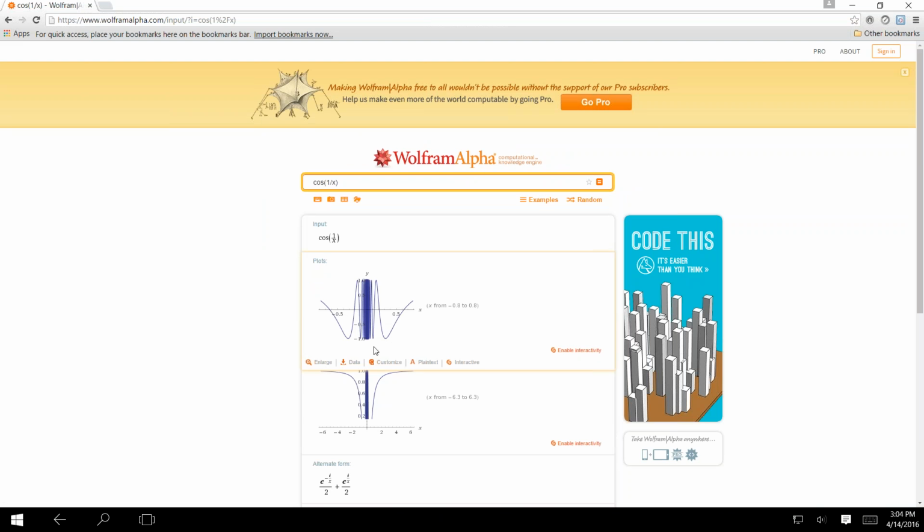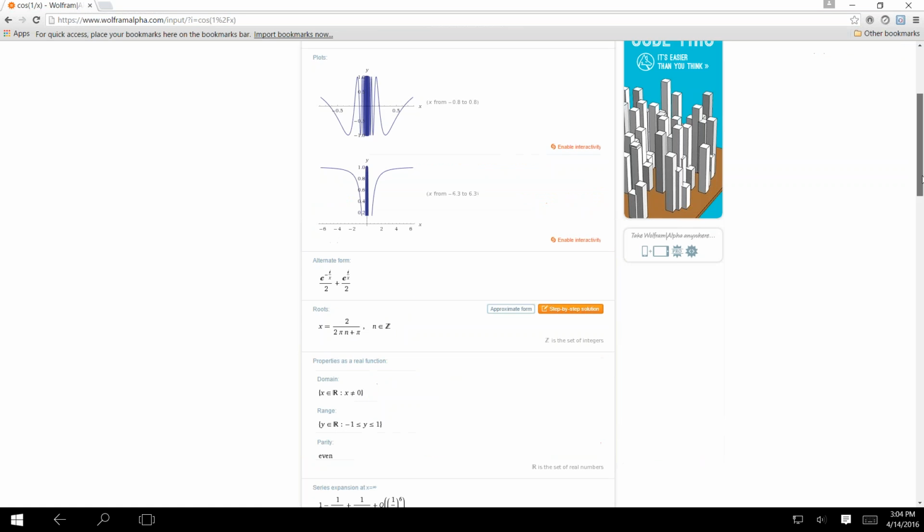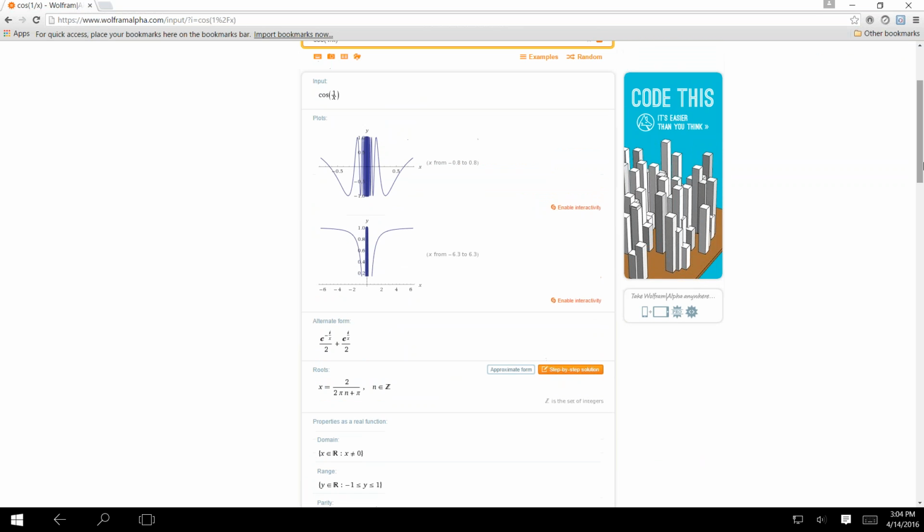Notice how strange the graph looks. This is zoomed in, that's zoomed out. It's actually fairly tough to see what happens as x goes to infinity, but you can kind of see it in the bottom one.